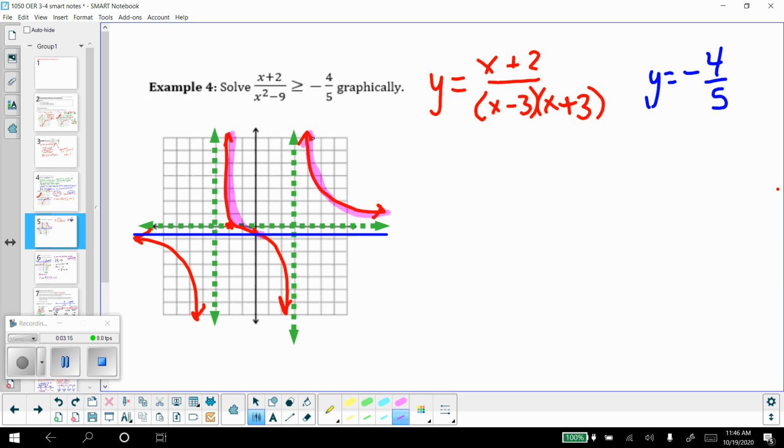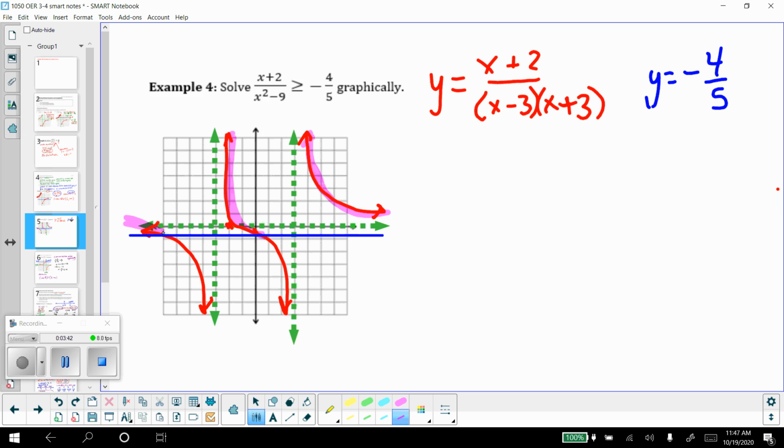And then I feel like at some point, and maybe I just didn't draw this very well, this graph is probably going to intersect that graph, and then there will be a piece right here where this graph is above the blue as well. So I think the answer is going to be represented by those three highlighted pieces.